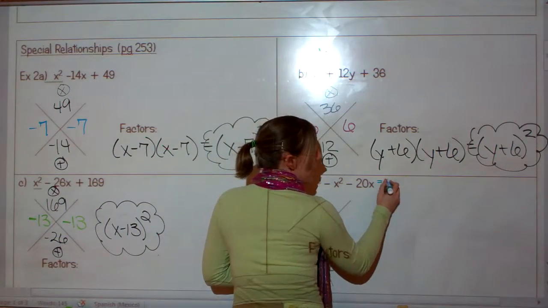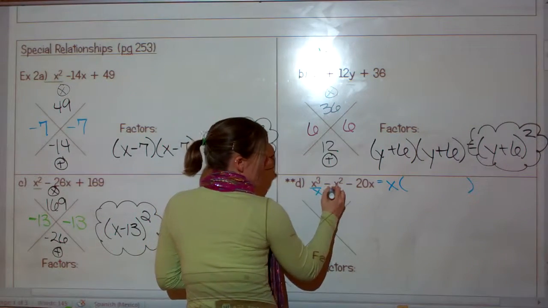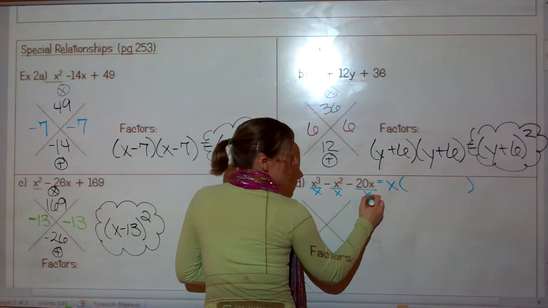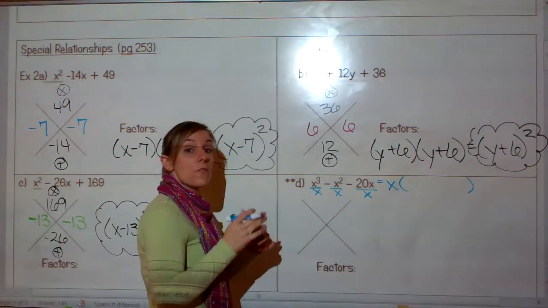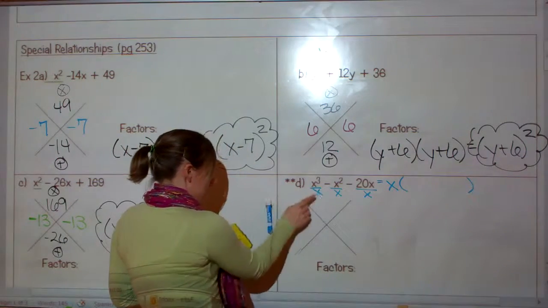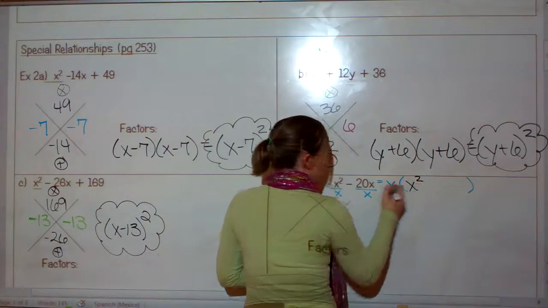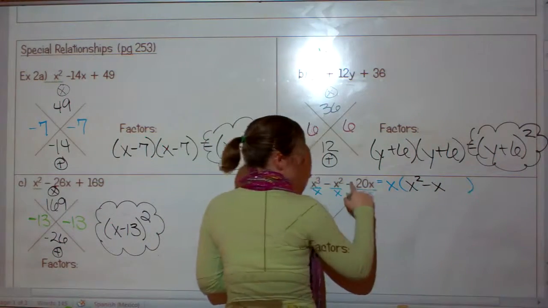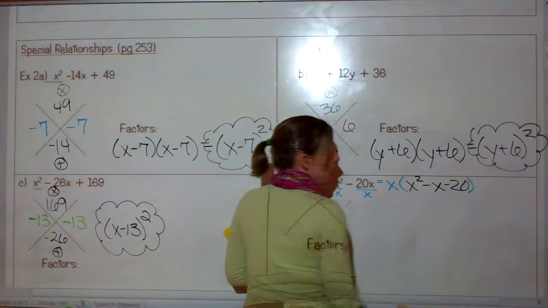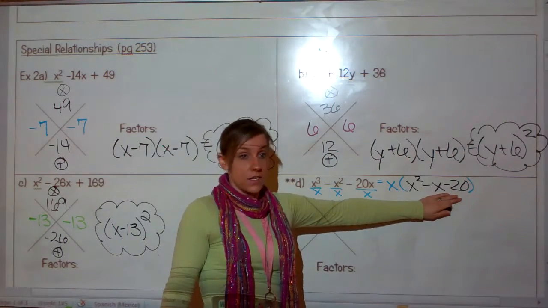Let's divide everything by that x, so it's going to come out front. Then we can factor just like we always have. When you divide by that x, you end up with a regular trinomial that we're used to: x squared minus x minus 20. So now we just factor this trinomial.